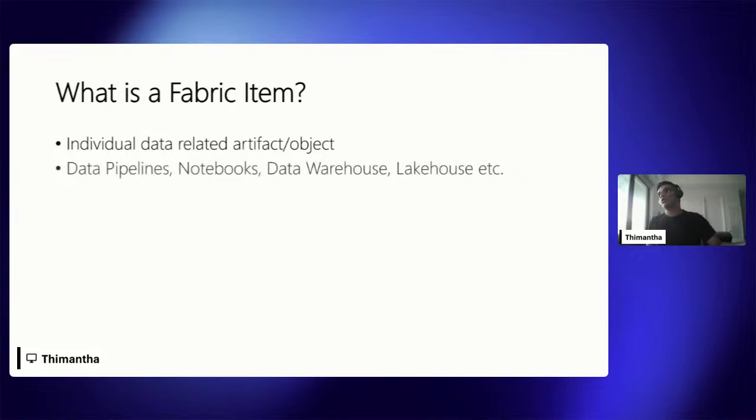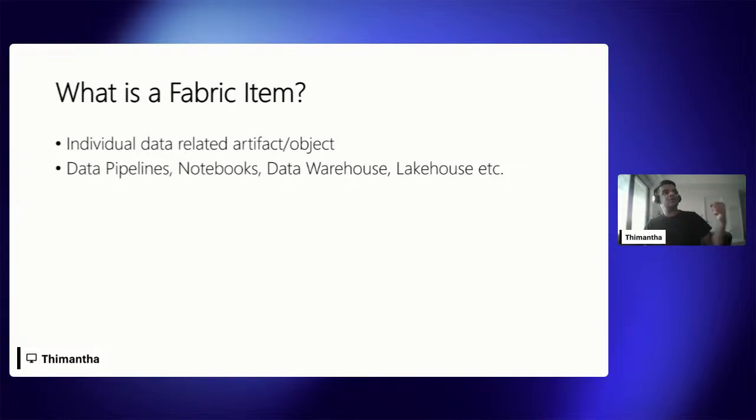This could be a data pipeline, a notebook, a data warehouse, a lakehouse, a SQL database, or simply any artifact that you build within a Fabric workspace. That is what you call a Fabric item. The limitation is set on these Fabric items. You can only have 1,000 of these items in a single Fabric workspace. The limitation cannot exceed 1,000.